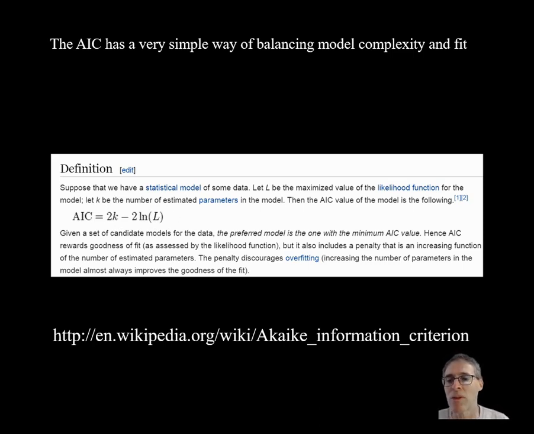This is balanced out by the number of parameters, so you're penalized for parameters. As the parameters go up, the AIC becomes more positive, but what you want is a model with a minimum AIC value.